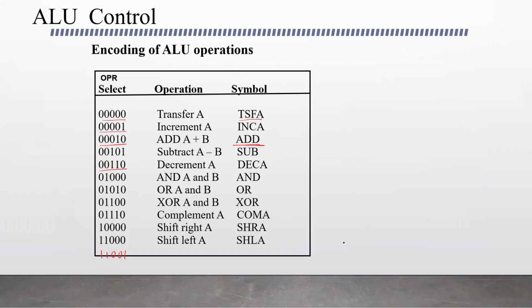Let's take another example. R1 is R2 minus R3. Or let's take some other registers. How do we write SELD as 001?